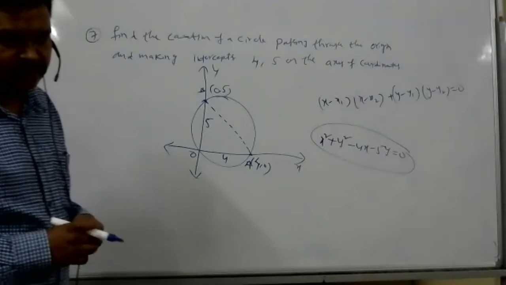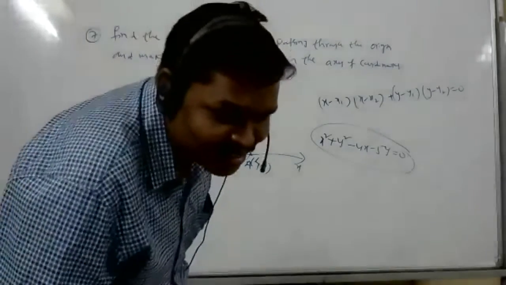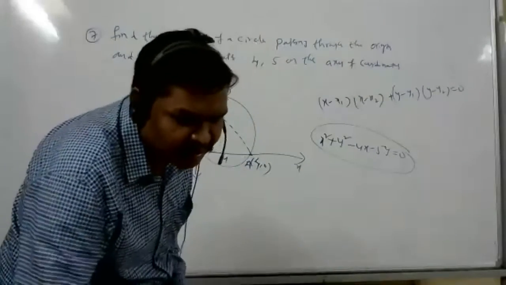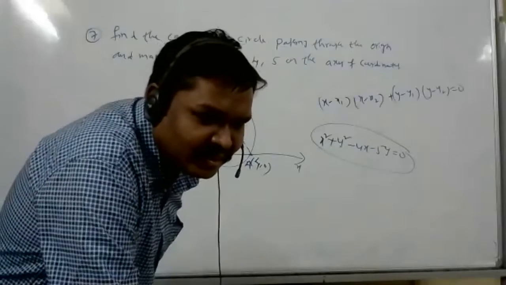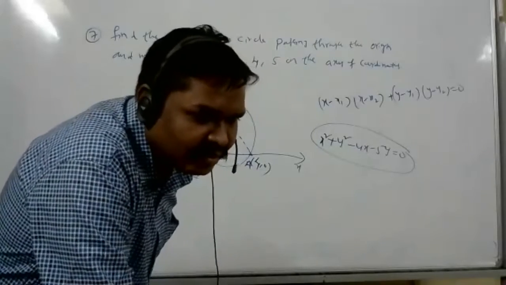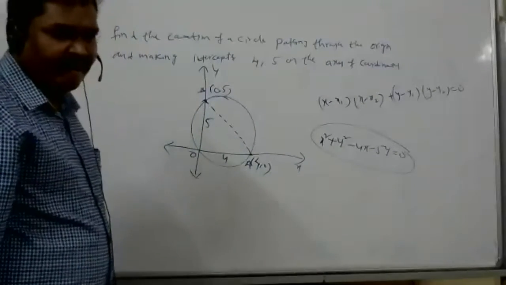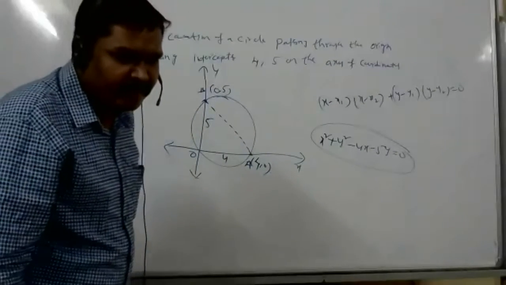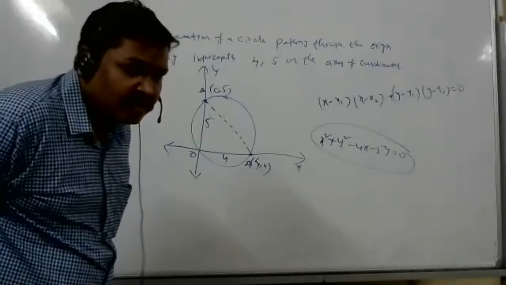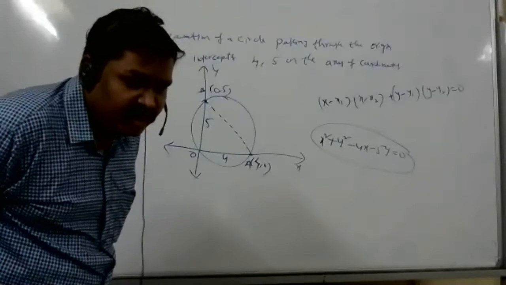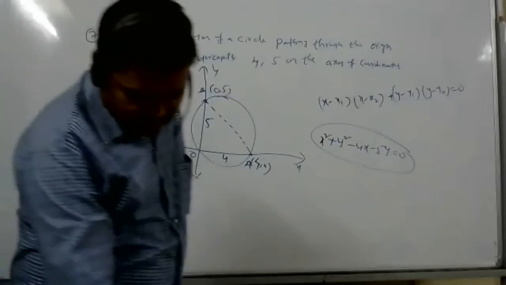Sir, aren't we supposed to get two different equations? If we consider point A as 4, 0 and point B as 0, 5, we will get the equation that you wrote. But if we consider point A to be 5, 0 and point B to be 0, 4, we'll get a different equation, right?